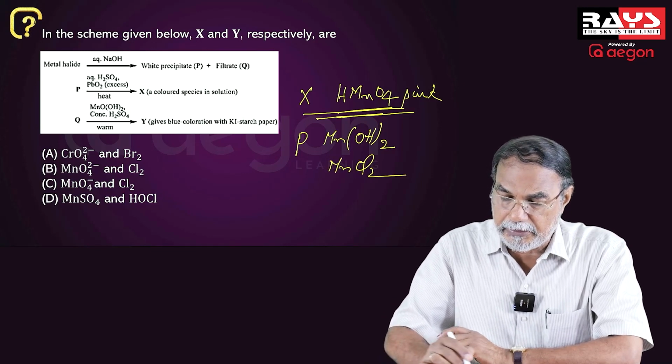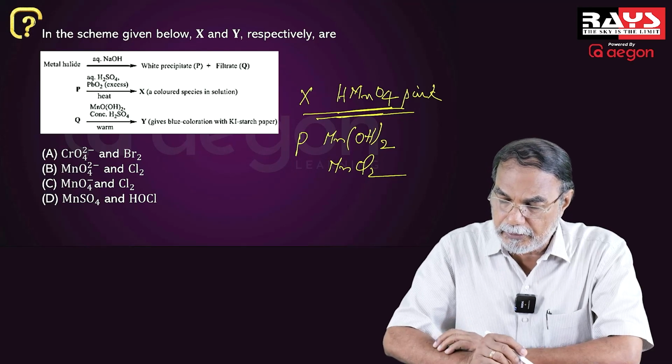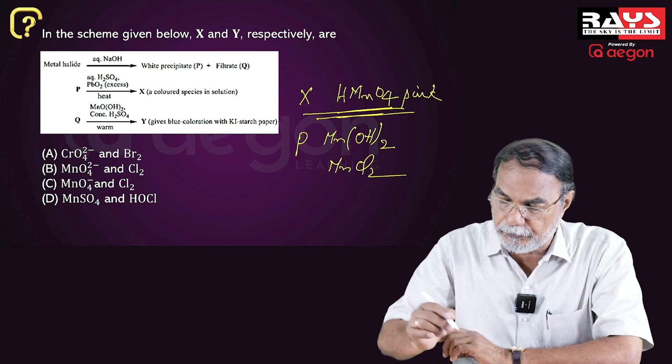so manganese chloride. And when manganese chloride or manganese halide reacts with aqueous NaOH, the compound Q is formed in the filtrate.